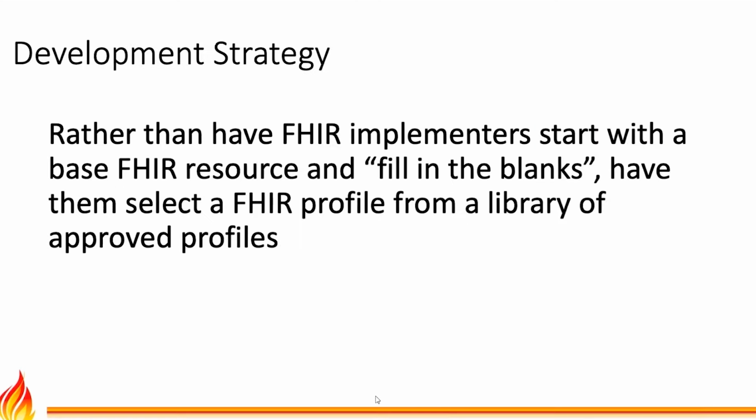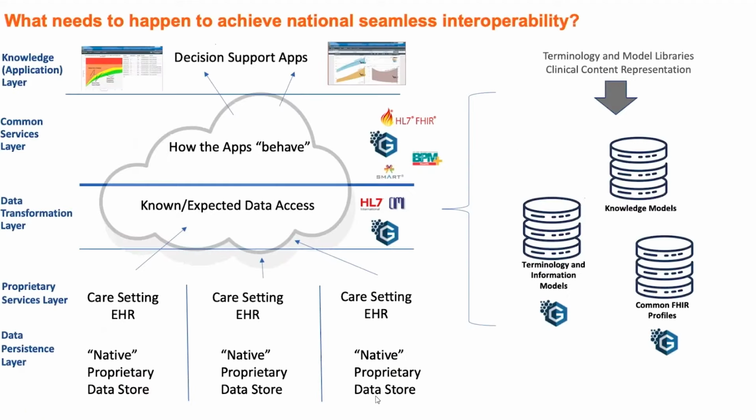I got ahead of myself, and I've already talked about having a library of types of things where you could find things. Imagine a world where we could really achieve the semantic and plug-and-play interoperability that I talked about in my first presentation.